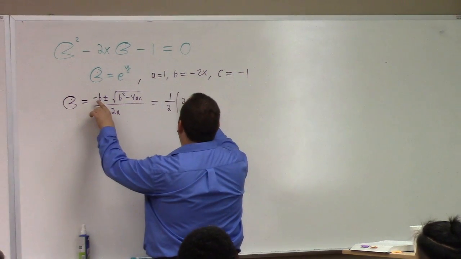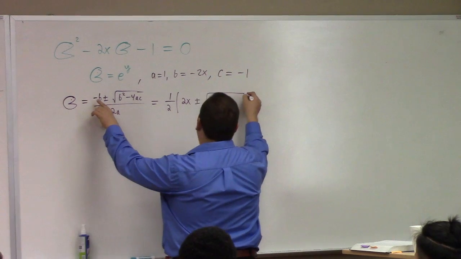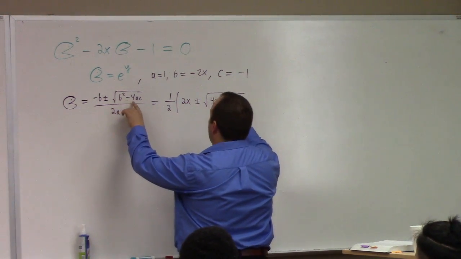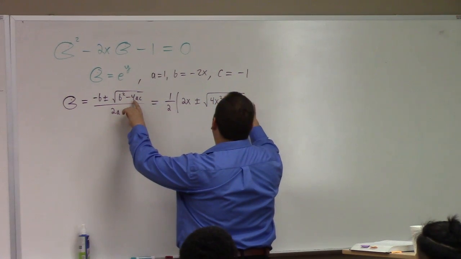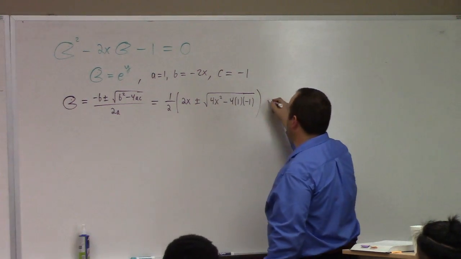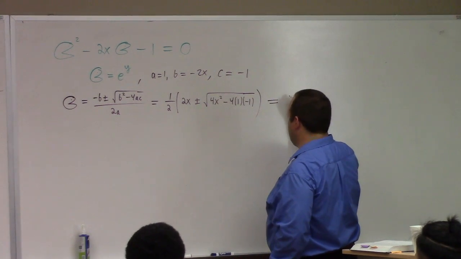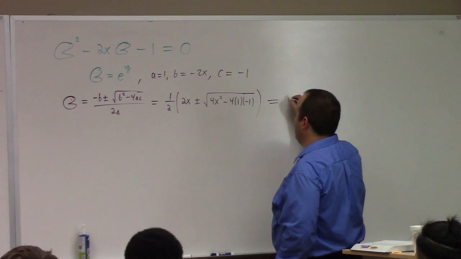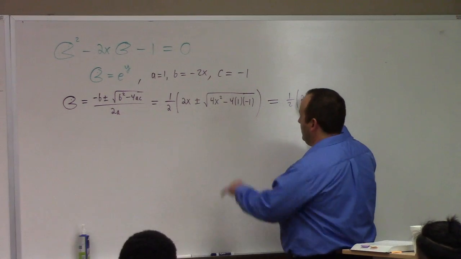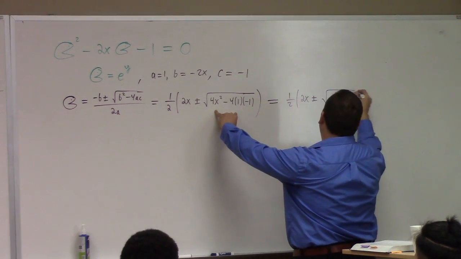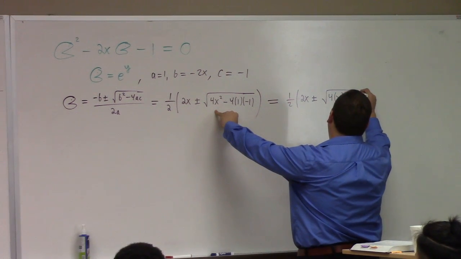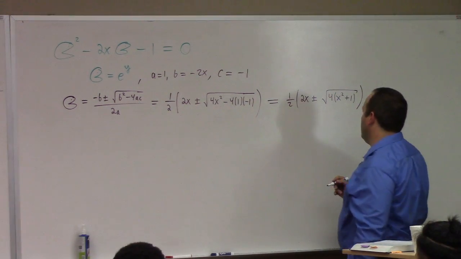Minus minus 2x is 2x. Plus or minus the square root, let's see here, b squared, which is 4x squared, minus 4ac, which is minus 4 times 1 times minus 1. Let's see here. That is, in fact, 1/2 of 2x plus or minus. Oh, there's a 4 that pulls out here, isn't there? So look at that.